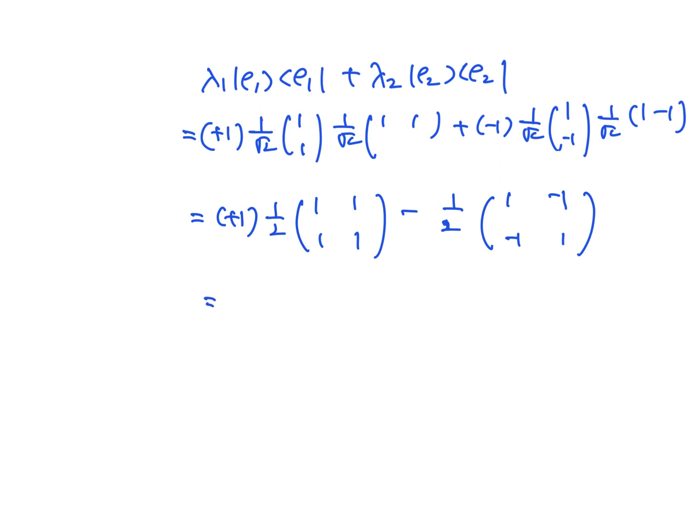What do we have? 1 over 2 [0, 2; 2, 0], which is [0, 1; 1, 0], which is A. You can check, you end up with A. So this property gives A.